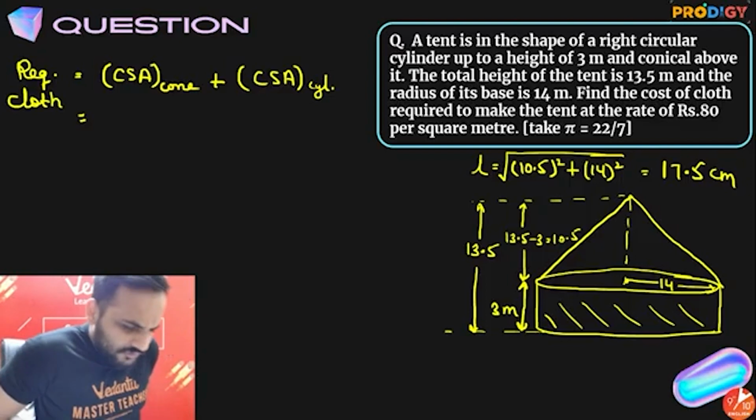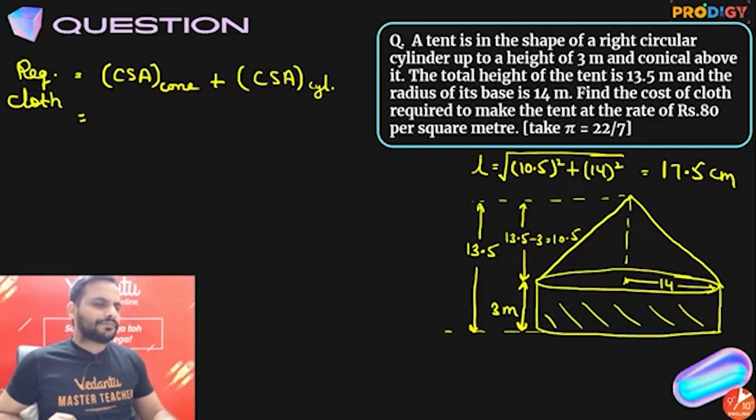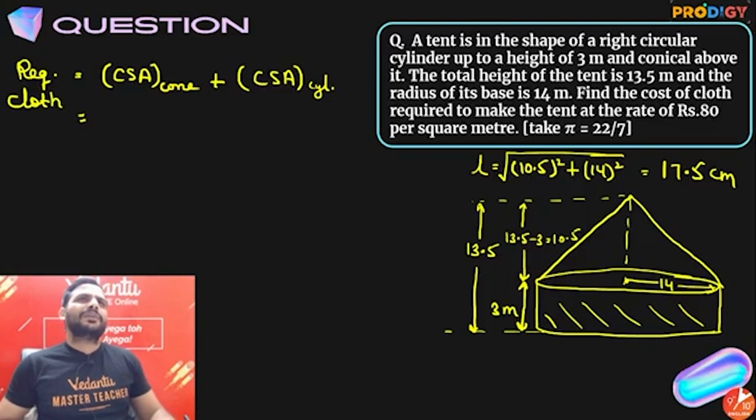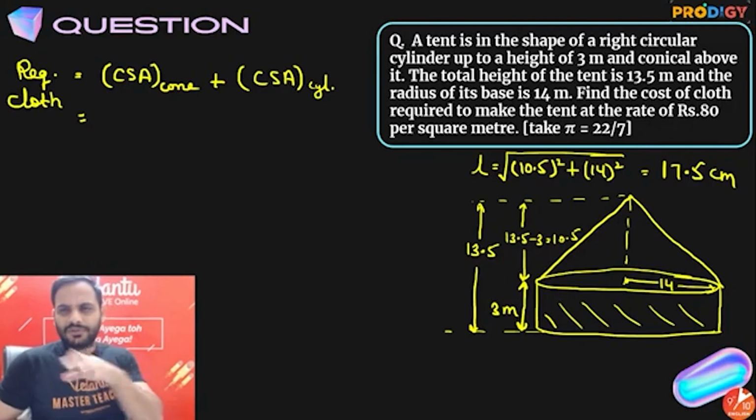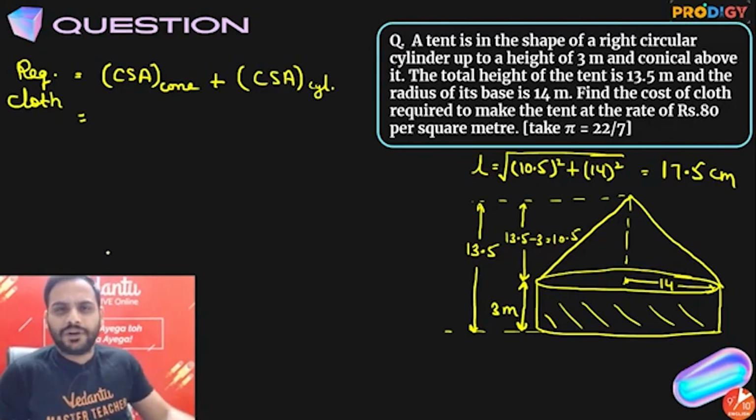Calculate 10.5 whole square, it will be 110.25. Add both, do the square root. You will get 17.5 meters.